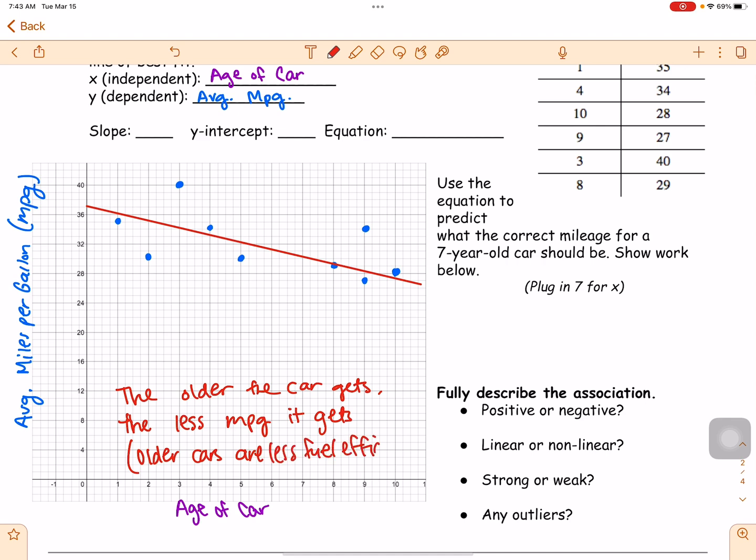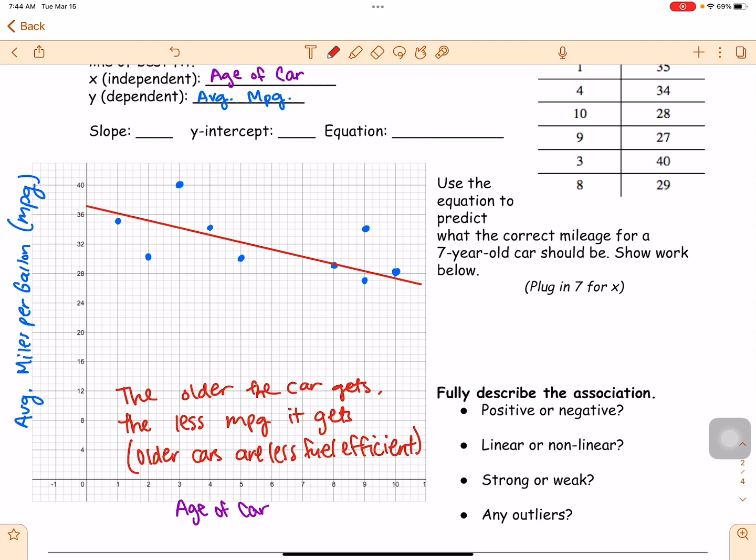So she was right. She was saying that the older cars are less fuel efficient. Now, like I said earlier, I wonder if they're looking at a specific type of car, because I know they definitely still make cars that are not very fuel efficient, but I wonder if that fell into play. But in our case, it did not.